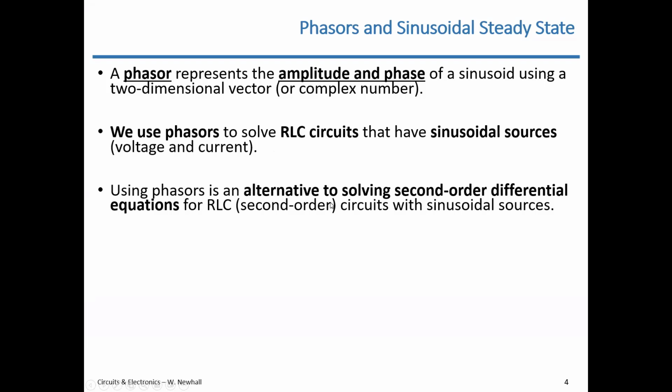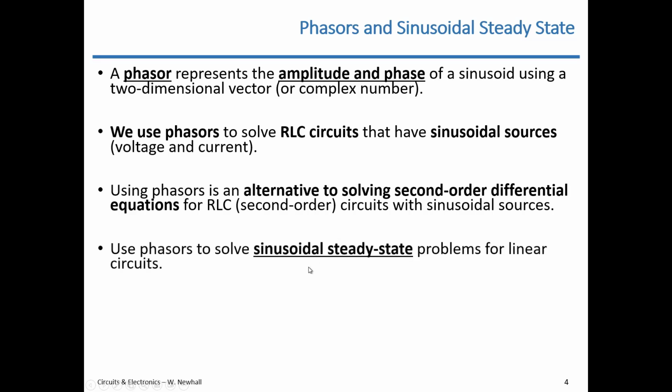Okay, so we'll have RLC circuits. Usually in general, those will wind up to be second order differential equations representing voltages and currents, but we're going to use phasors instead. So we use phasors to solve what we call sinusoidal steady state problems for linear circuits.